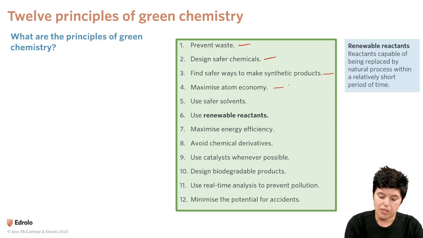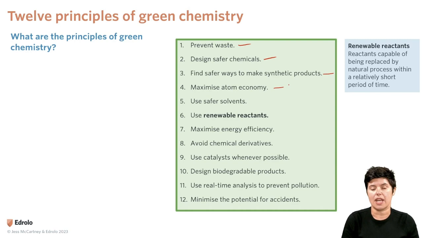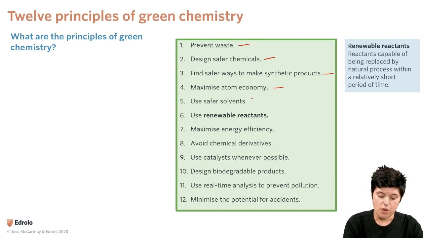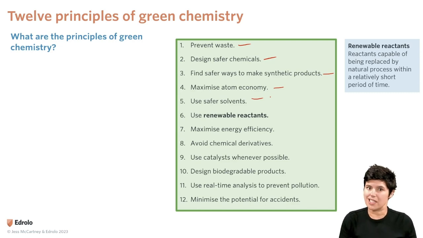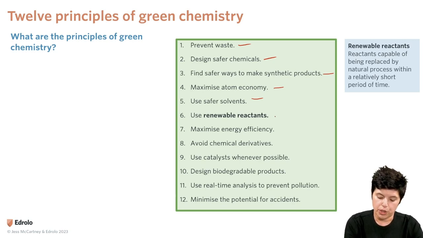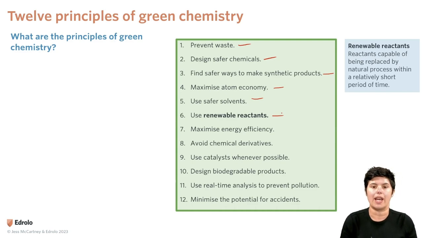Maximize atom economy, so using as much of the atoms as possible without those side products. Use safer solvents. So this is like water instead of benzene. So using the safer solvents to dissolve reactants as possible. Use renewable reactants. So instead of using the fossil fuels, trying to use those materials that are renewable and that can be renewed over a short period of time.